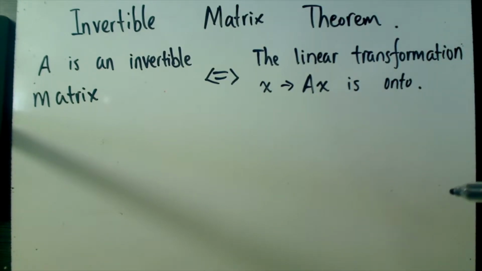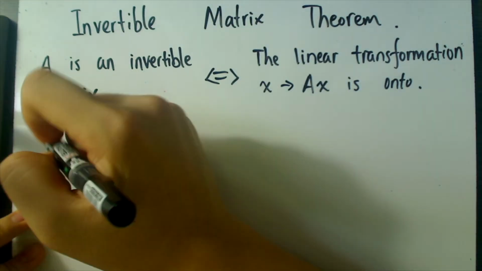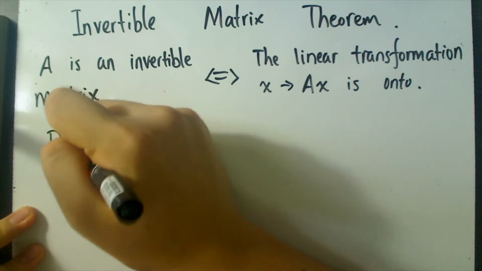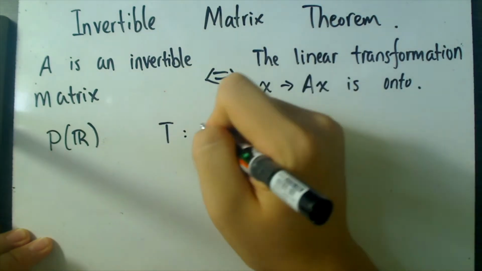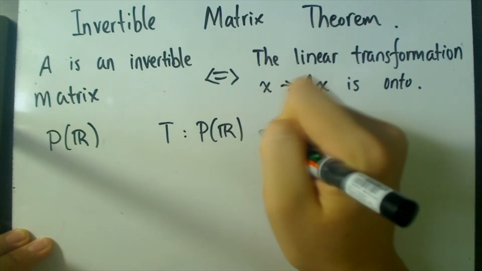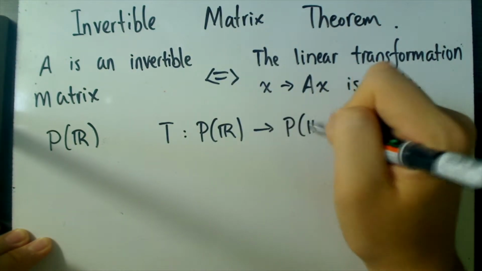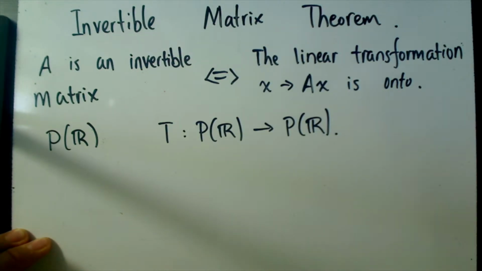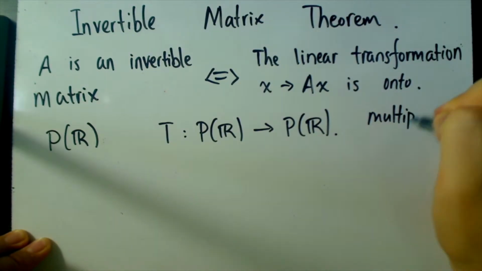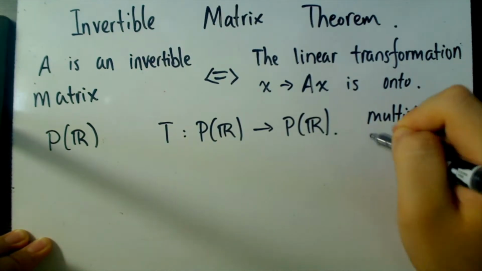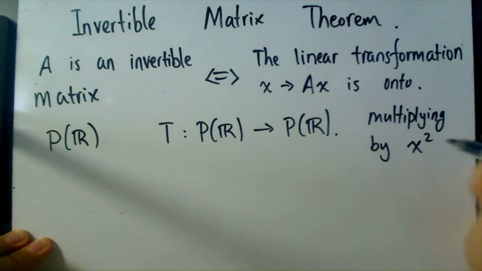So, I will show how this theorem breaks down in infinite dimensions using our example of the space of all polynomials. We define a linear transformation T from the space of all polynomials to the space of all polynomials by defining it as multiplying by x squared.